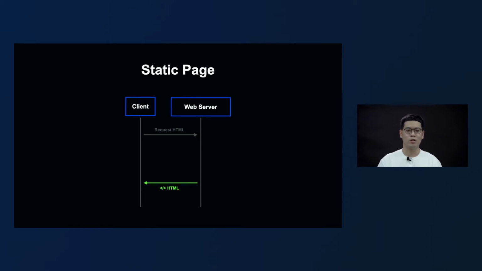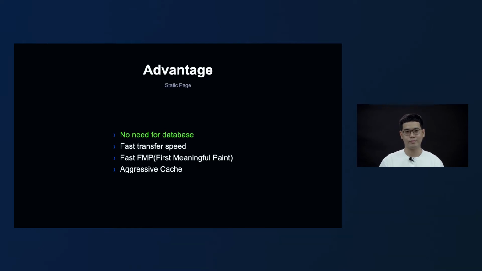The concept might sound primitive, but its advantages come from its simplicity. First, because it does not have a dynamic element, the database is unnecessary, so it is easy to establish. Second, it's composed of simple documents, so there is little communication between the servers, so the transfer speed is very fast.